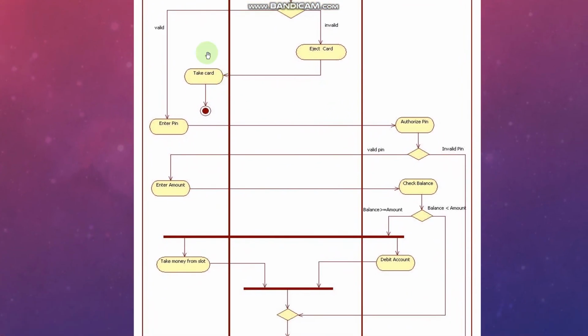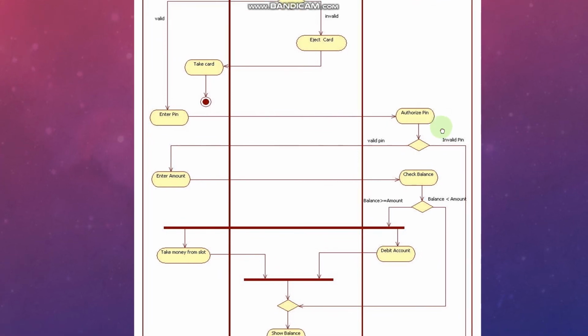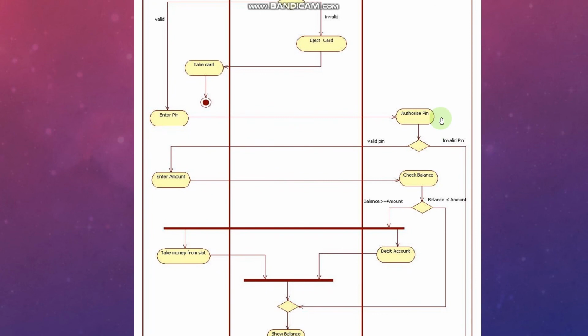Moving forward, considering the second condition, if the card is valid, then the user needs to enter a PIN. The bank will authorize the ATM PIN. As we all know, the ATM PINs are provided by the bank itself, so the verification of the PIN will be done by the bank.